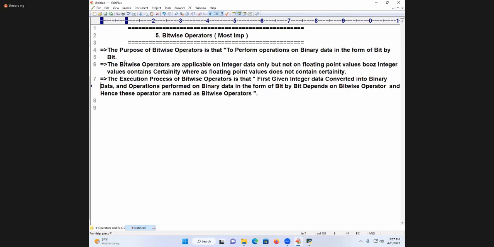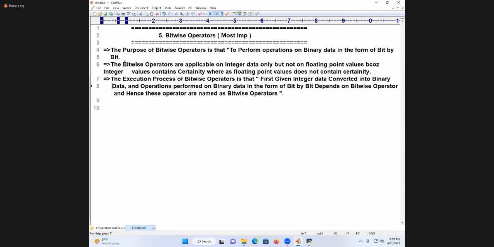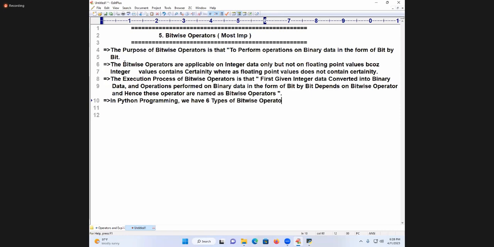Now I am going to write it. What are the various values available here? Now we are going to discuss. Shall I start? Now coming back to the point. In Python programming, we have 6 types of bitwise operators.